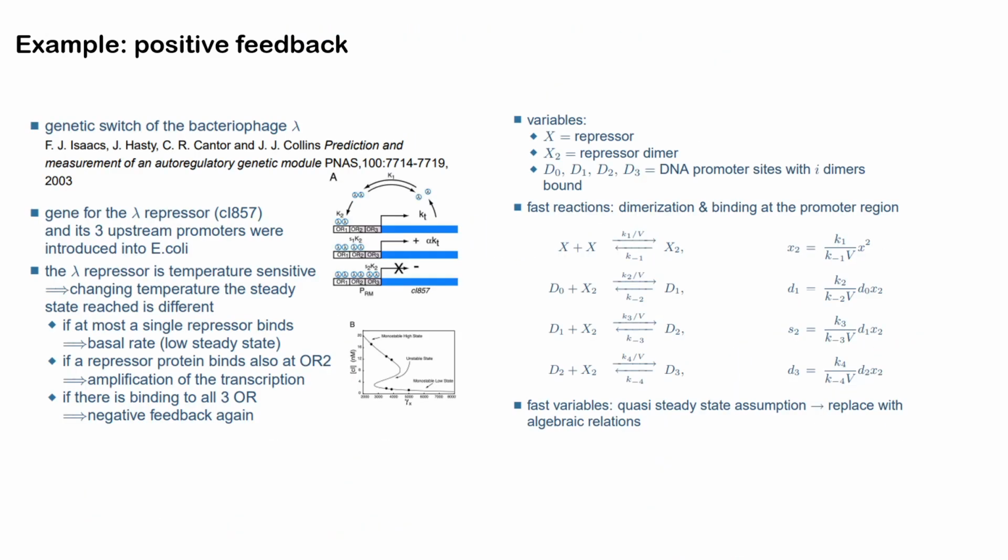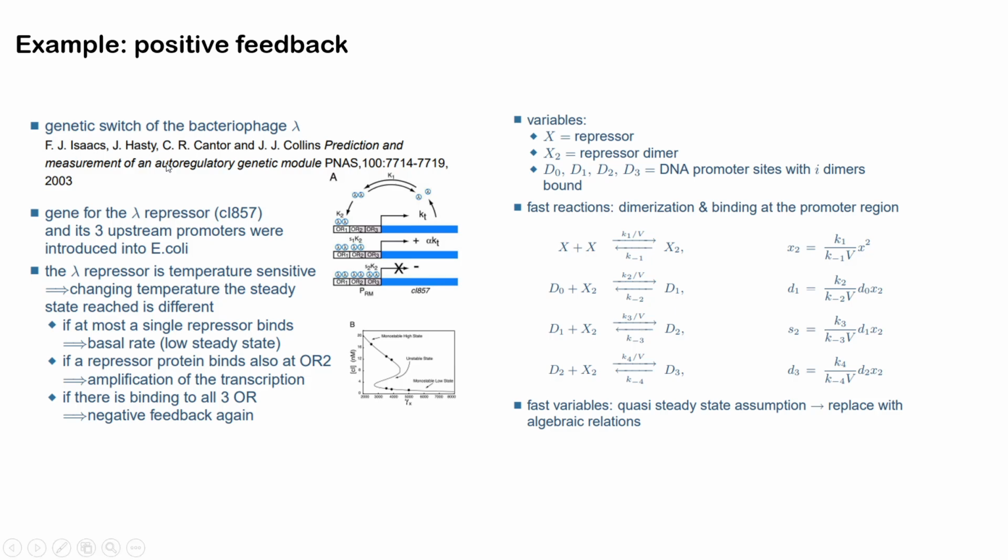So now let's look at an example of a positive feedback. This is taken from a paper from 2003. If you're interested in knowing in greater detail how the different modeling is done, it is given in the paper. You can take a look there. So this is an example of a positive feedback.